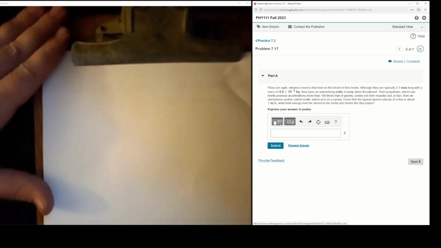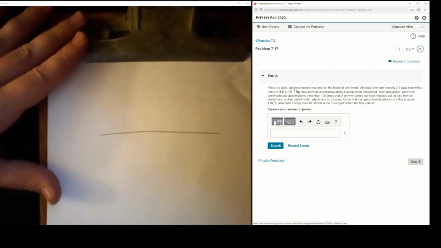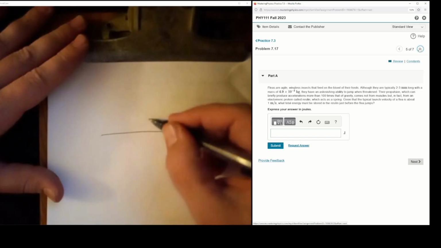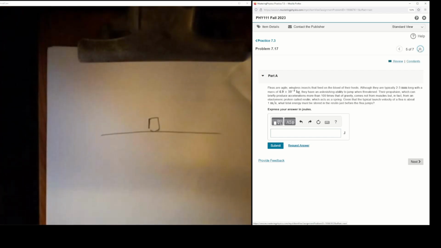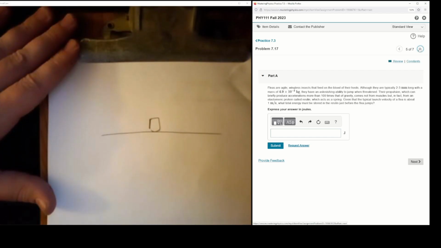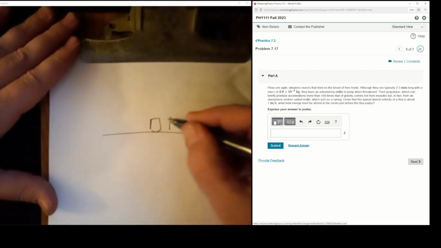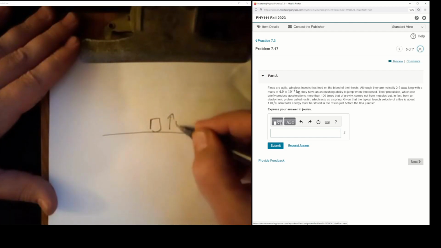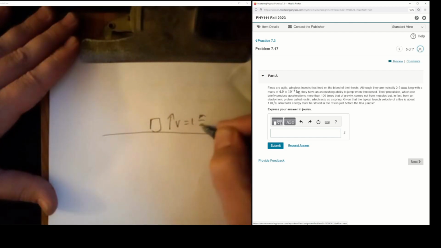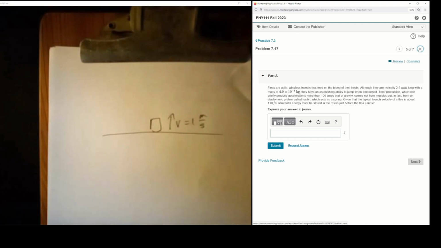So they're basically asking, a lot of context here, which can cause confusion. What they're basically saying is if I have my object sitting on the ground and I'm going to jump up, and I want to jump up so that my velocity is 1 meter per second, how much work would that take?